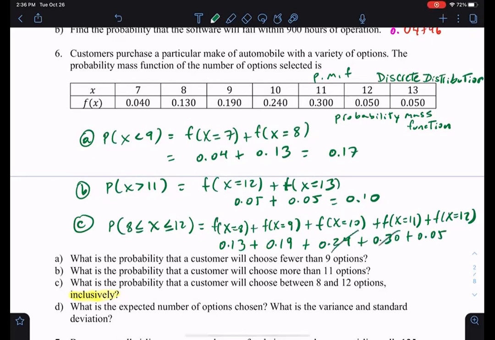So this is 54, 59, 68, 78, 81, I guess. So what is it? You can add it. So 0.13 plus 0.19 plus 0.24 plus 0.3 plus 0.05. Yeah, it's actually 91.